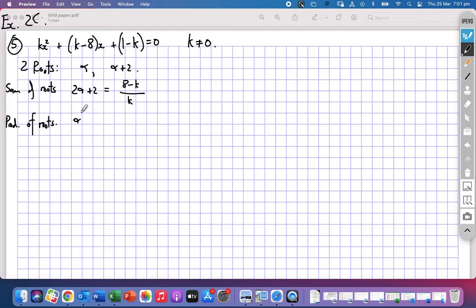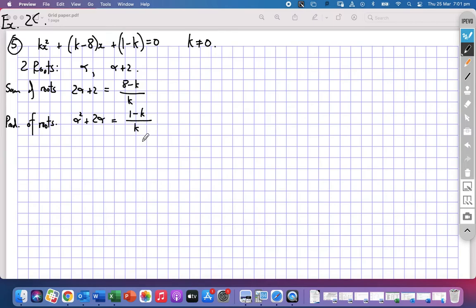I'm just wondering, is it better to leave it factorized or expand it? I've chosen to expand it because I'm not entirely sure. Anyway, the product of the roots is c on a. There's my c. 1 minus k divide k. 1 minus k on k.